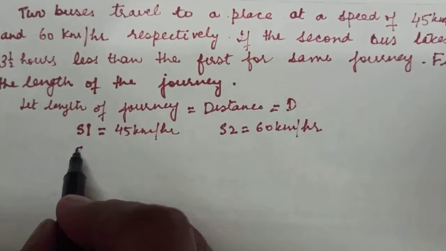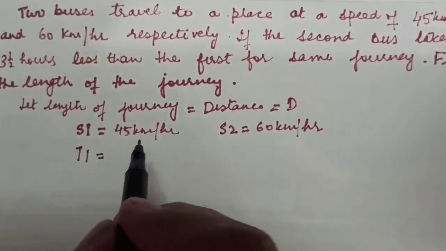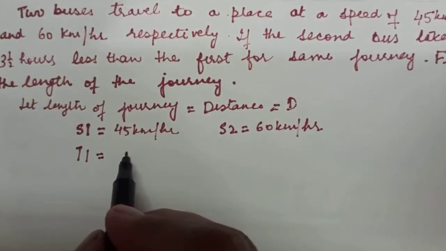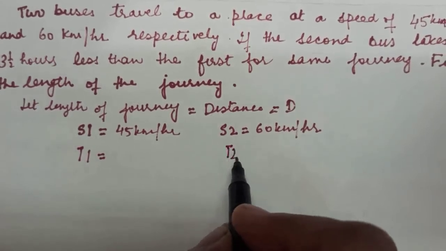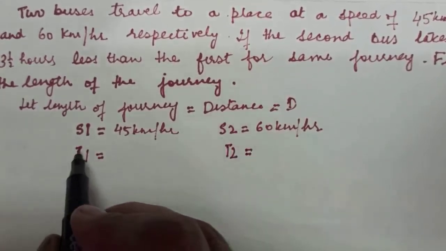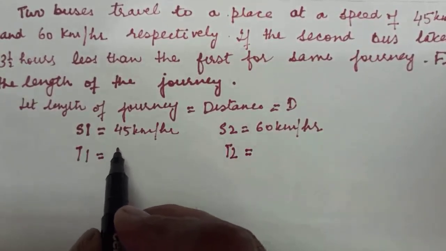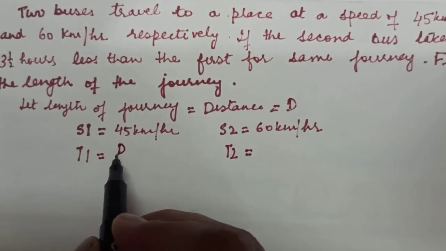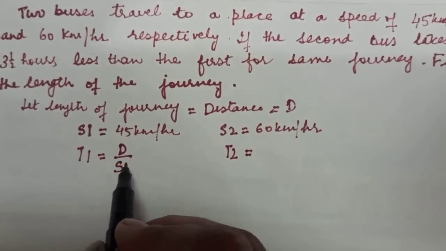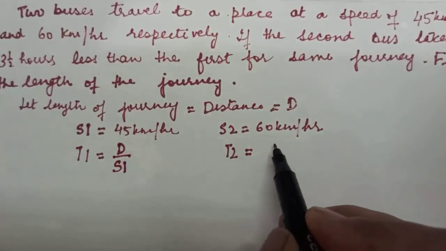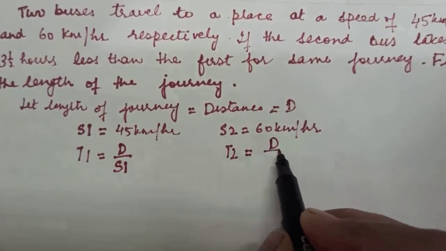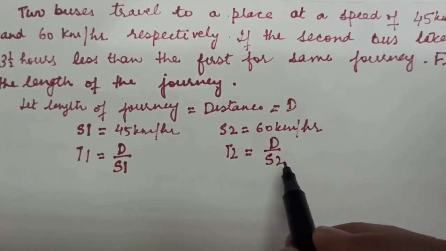Now if T1 is the time taken by the first bus and T2 is the time taken by the second bus, then what will be the formula for it? T1 is equal to distance upon its speed, that is S1. Same way T2 will be distance upon speed 2.